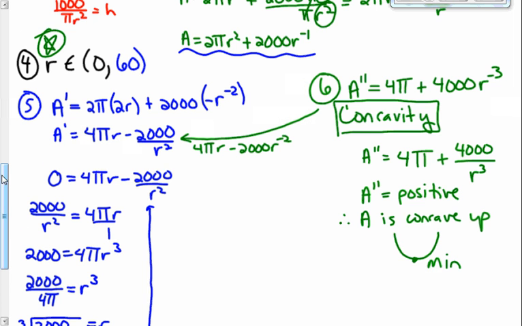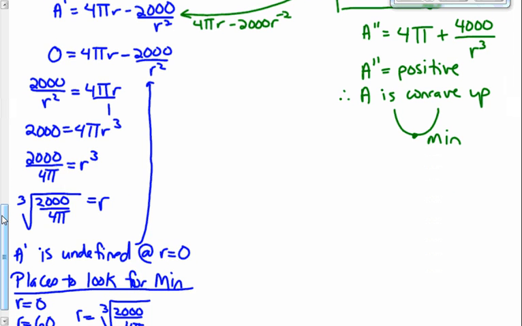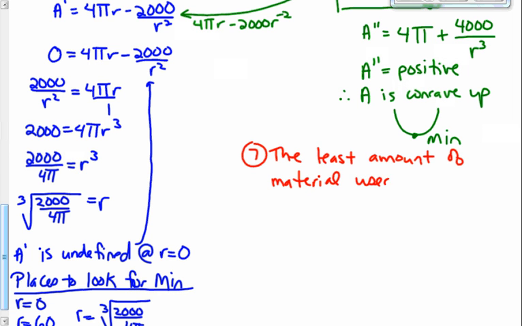So step 7, I need to interpret what I have and answer the question. Then I should answer this in a sentence. So in step 7, the least amount of material happens when r is the cubed root of 2,000 divided by 4 pi centimeters.